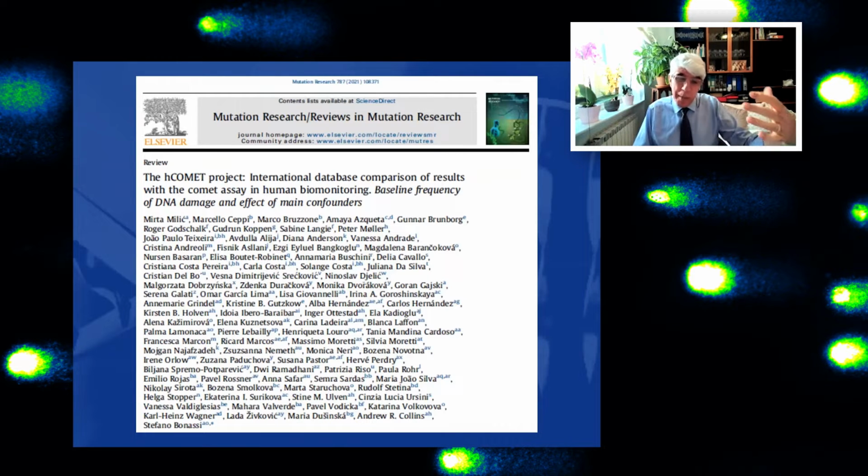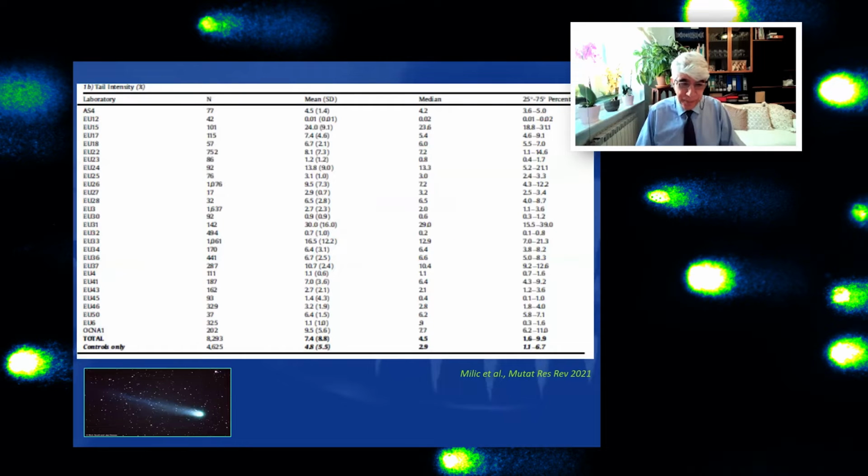You can see how many contributors, how many authors are part of this study, in which we describe baseline frequency of DNA damage and the main confounders in the COMET assay.